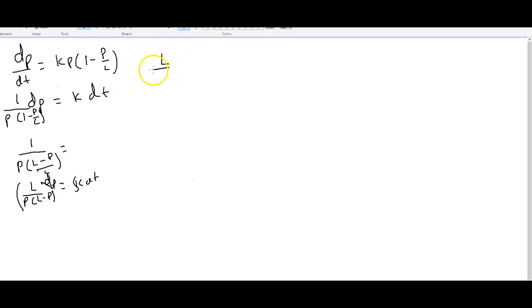So L over P, L minus P equals A over P plus B over L minus P, right?